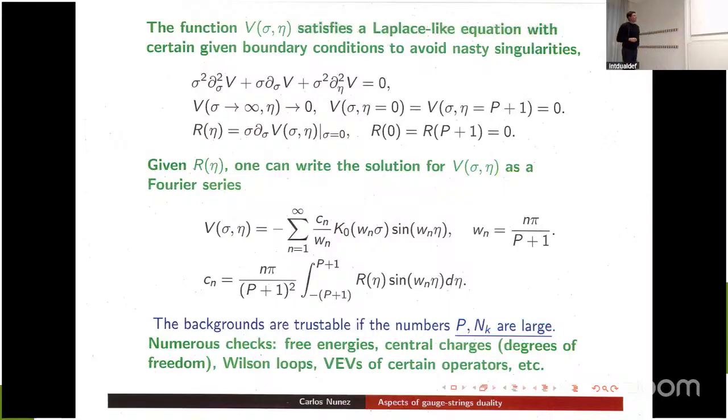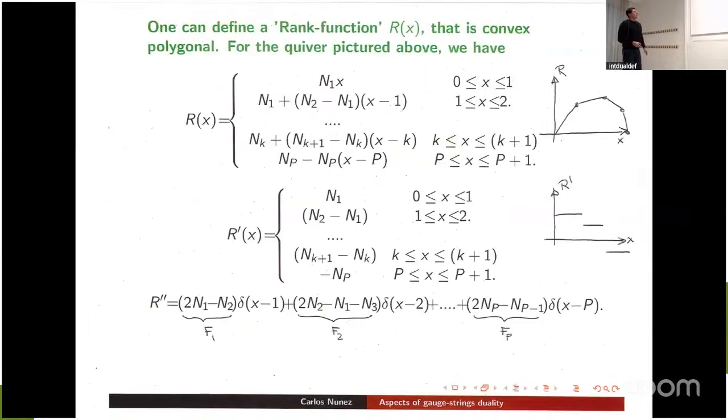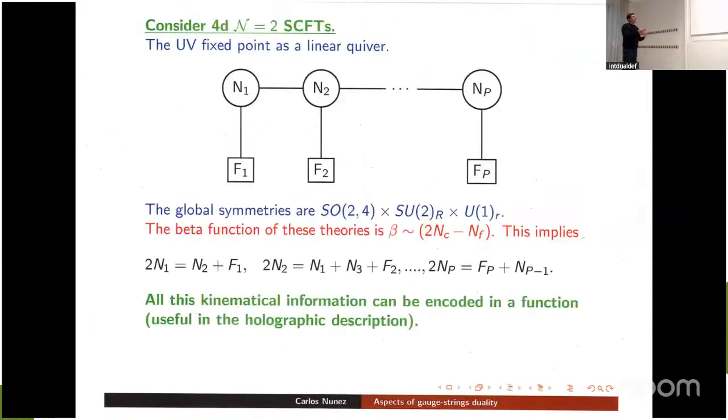Okay? So the way to think algorithmically about this problem is the following. Let me go back a bit. You think about the particular N equals 2 conformal theory you have in mind, right? So you fix your quiver, you fix its length, and all the numbers N1, N2 up to Np, and F1 up to Fp.